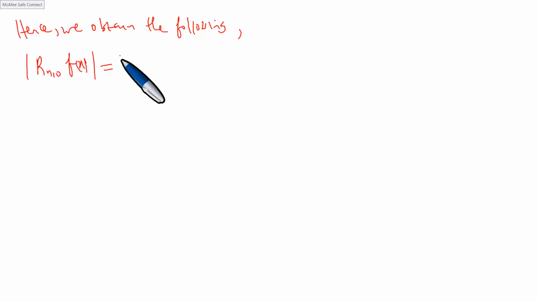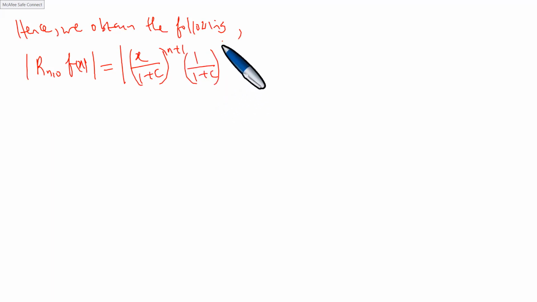So it's actually the modulus of x divided by 1 plus c to the power n plus 1, 1 divided by 1 plus c, which means we have x an element of the interval from 0 to 1.